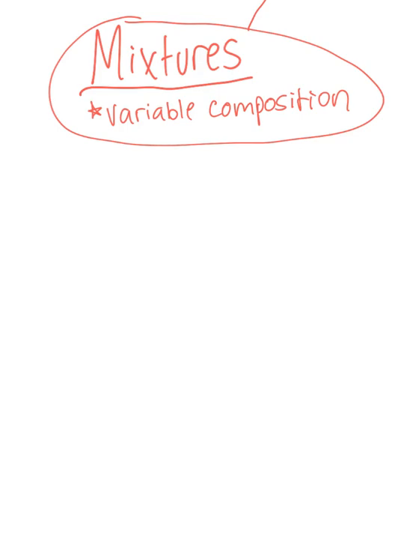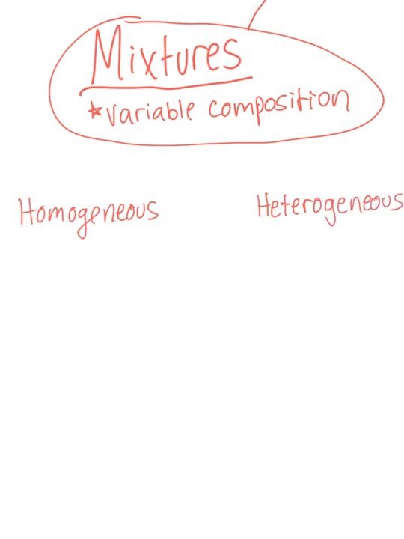So you can say that a mixture is homogeneous, or a mixture is heterogeneous. Okay? And some people pronounce homogeneous in a different way. I don't naturally say it that way, but if you ever hear it on a video, there's two accepted ways to pronounce it.